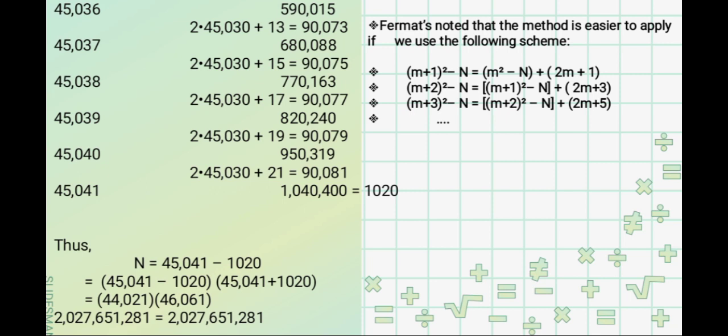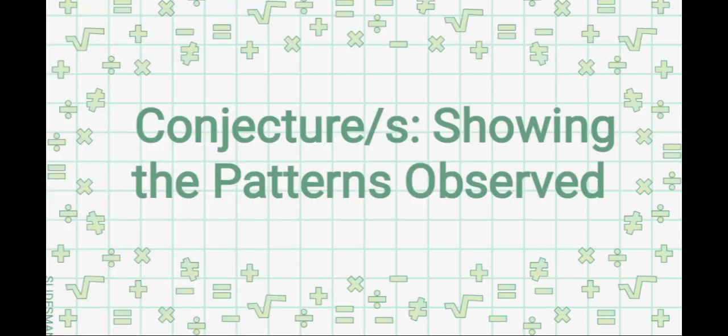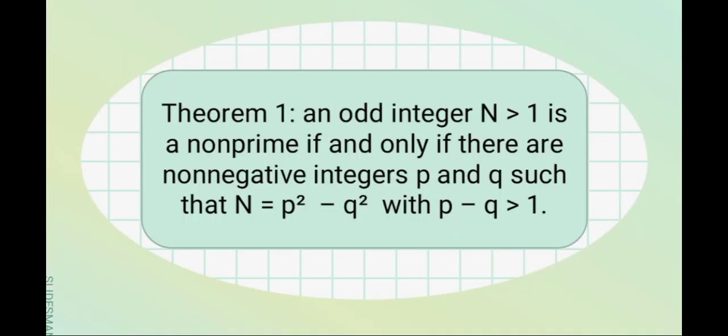Okay? So in my conjecture part, or the conjecture or showing the patterns observed, I have here the theorem. So ang gipasabot ani nga theorem is ang formula nga gigamit ani nga study, which is ang formula ni Fermat or the Fermat's method. So we all know nga ang formula ni Fermat is n is equal to p squared minus q squared, with p minus q greater than 1.